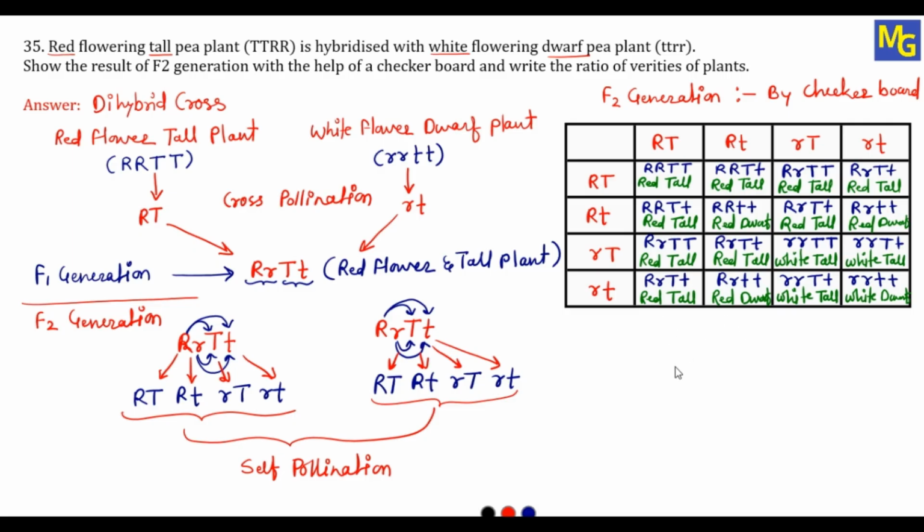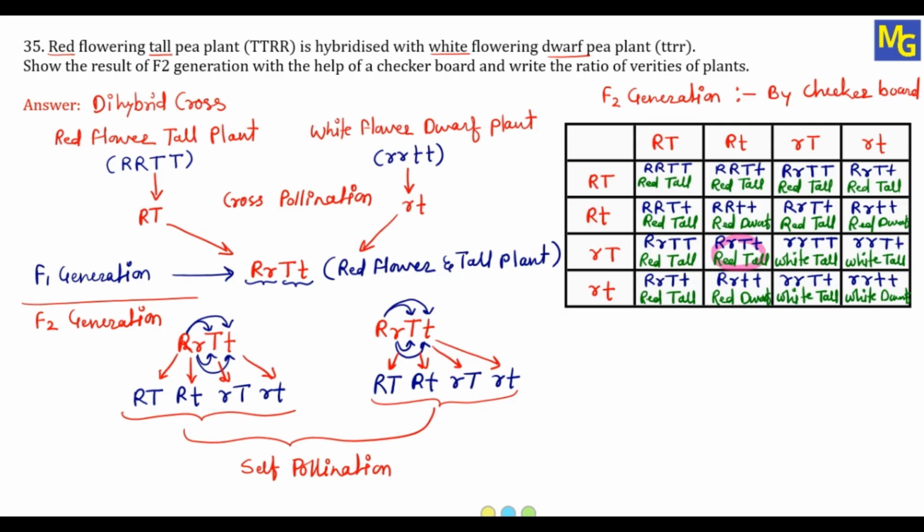Now we will count how many red tall, how many red dwarf, how many white tall, and how many white dwarf. So this is red tall: 1, 2, 3, 4, 5, 6, 7, 8, 9.